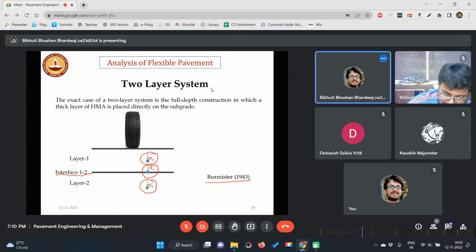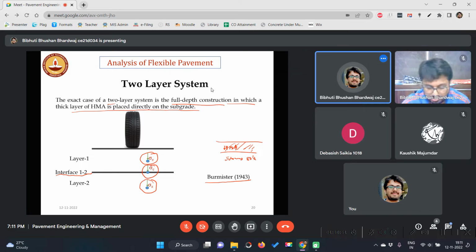This type of scenario occurs if you are constructing a full depth construction, in which a thick layer of HMA, hot mix asphalt, is placed directly on the subgrade. That means the subgrade is soil, and above that there is no base layer, no sub-base layer. You directly put the bituminous layer there. In that type of situation, you can use this two-layer system.